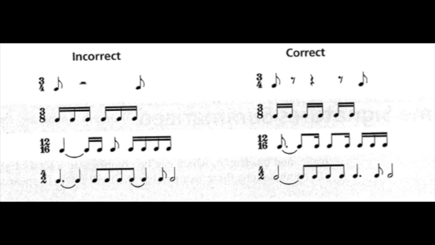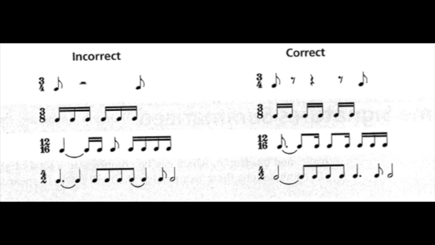We can see here in 3/8 that they've broken it into 2 groups of 16th notes, but we want to try to keep each beat itself. So each beat should be an 8th note, so we've paired up the 16th notes.